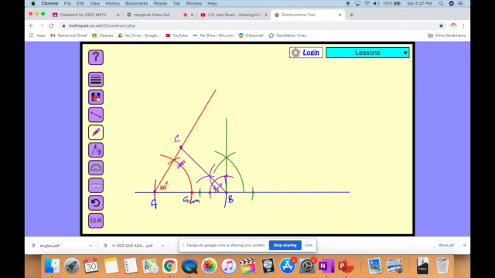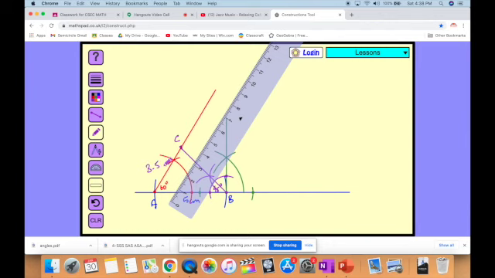So now we have to measure how long AC is. So I'll take my ruler. And let me see if I can measure AC. Again, around 3.5.